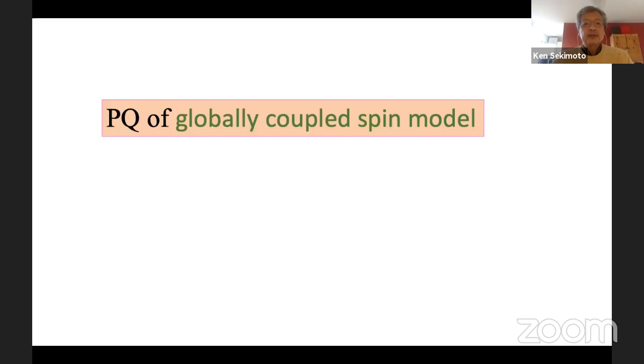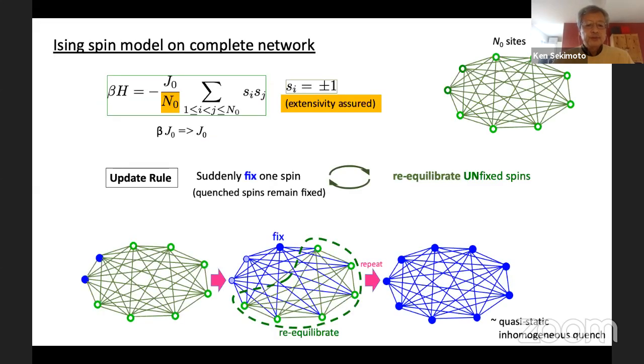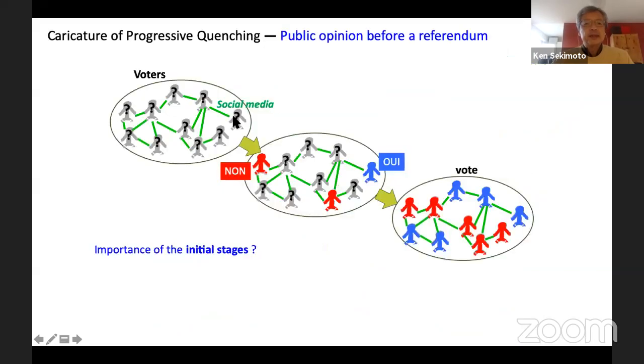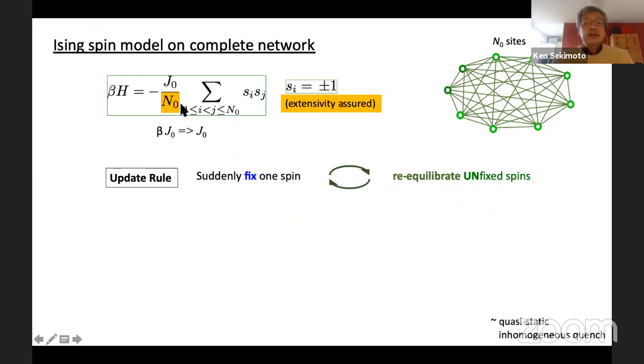Now, our theoretical model is much simpler. I basically use the globally coupled spin model. We put each spin on a node of the complete network, so each spin is connected to all the other N0 minus 1 spins. They are coupled with a ferromagnetic coupling, and the denominator N0 assures the extensivity of this system.